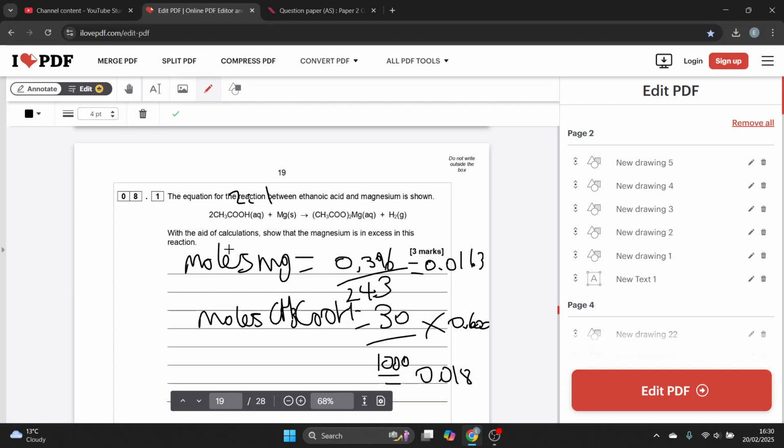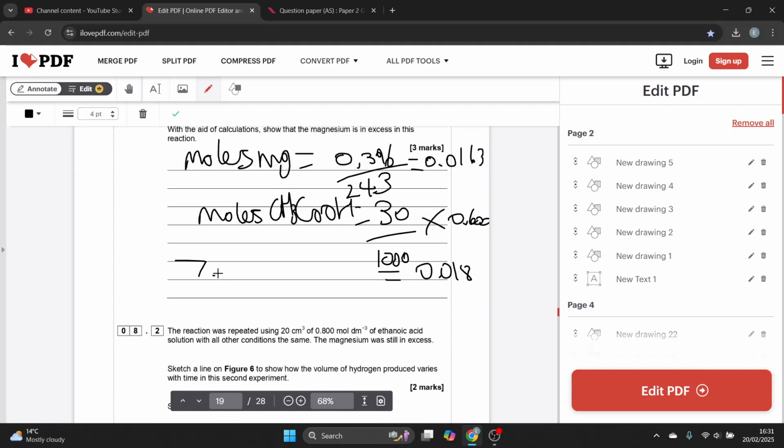And then 0.0163 minus 0.018 divided by 2. So I can say therefore 7.3 times 10 to the power minus 3 moles of magnesium is in excess.